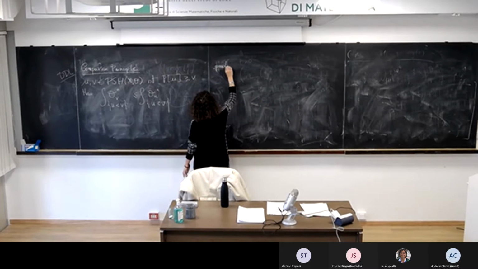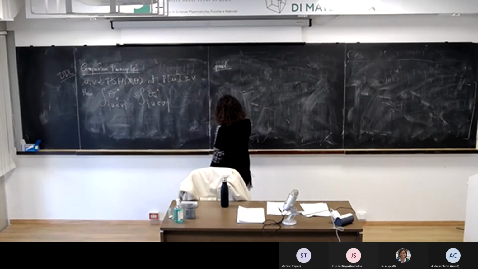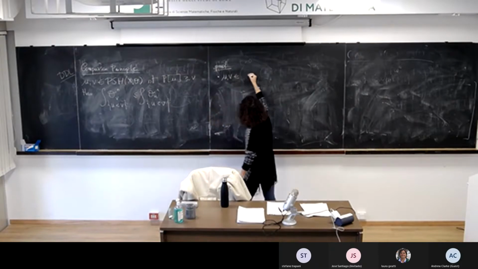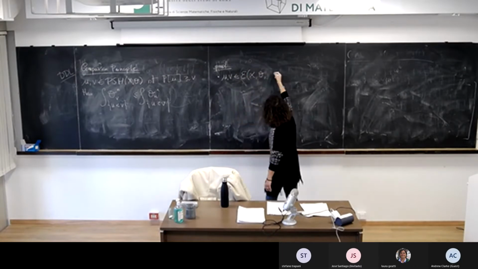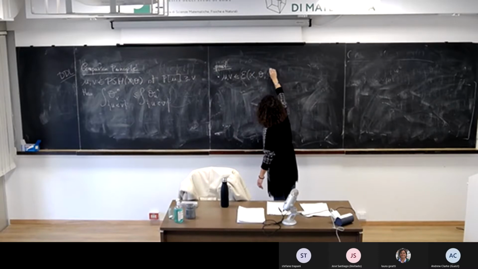So we are going to start the proof with two cases. In the first case, we are going to prove the comparison principle for u and v theta-PSH, but both in the same class E of capital phi.